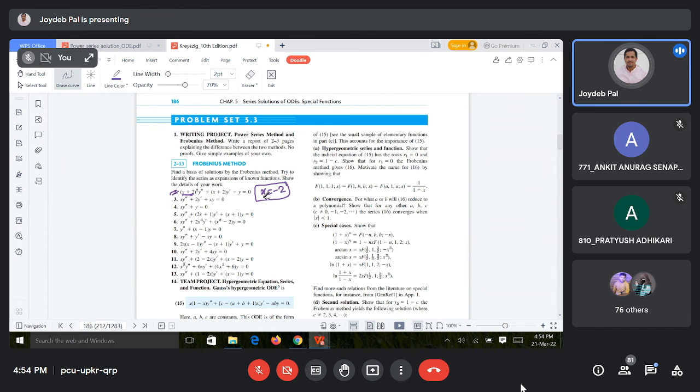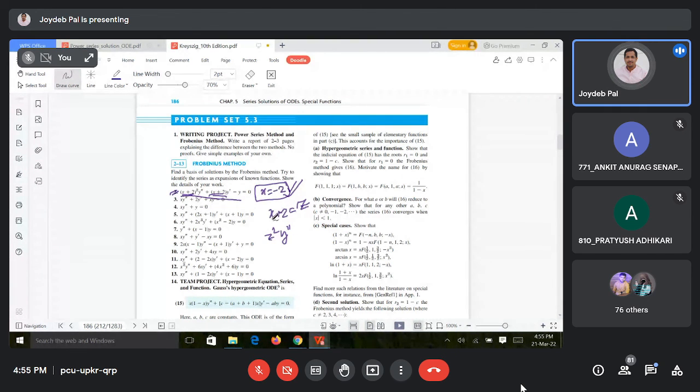You can verify x is equal to 0, if you check, it will not be a regular singular point. So for the x is equal to -2 case, we can shift it about 0. You take x plus 2 is equal to z, fine, and then you change the ODE accordingly. y dash means dy by dz, y double dash is d2y by dz2.